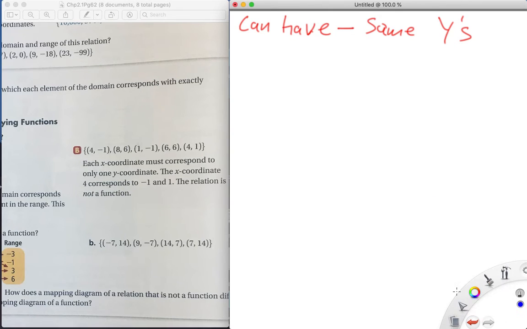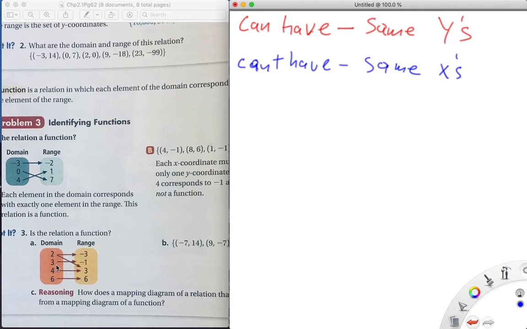What you can't have is the same x values, or the same inputs. You can't have multiple 4s or multiple x's, but you can have multiple y's. That's fine. So this is not a function.